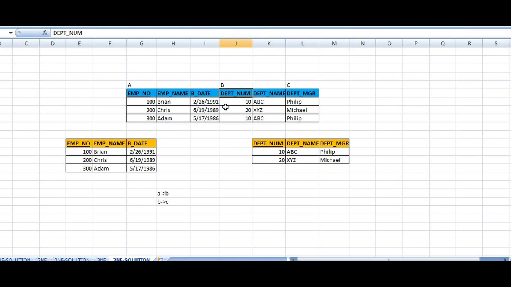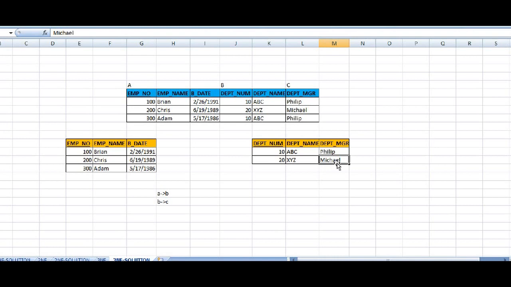What I've done is I have taken this part out here so that every non-primary attribute is now fully dependent on employee number, and I have taken out this part of the table with this one. So every non-primary attribute now becomes fully dependent on this department number. Why I'm saying this? Because department number 10 is managed by Philip, 20 is managed by Michelle, etc.